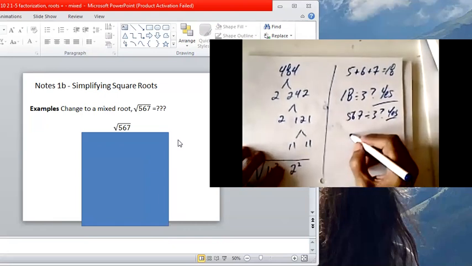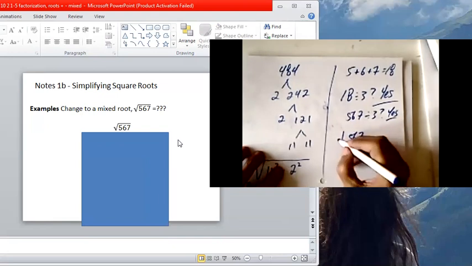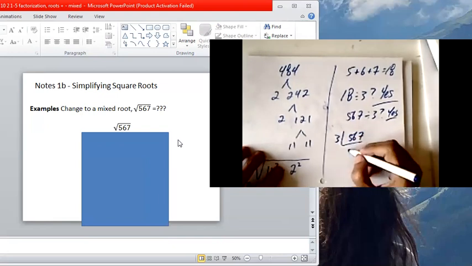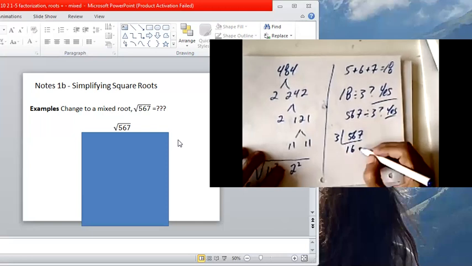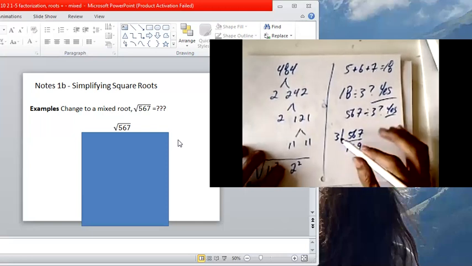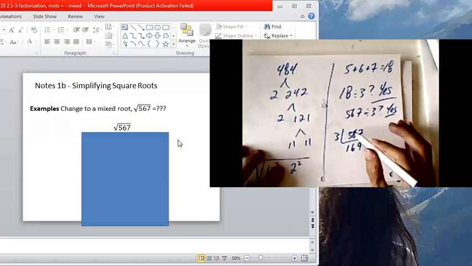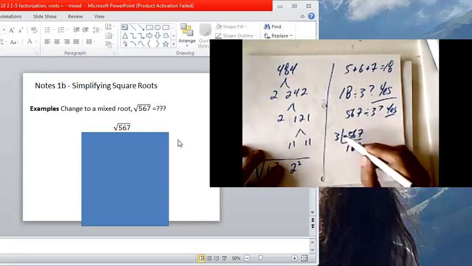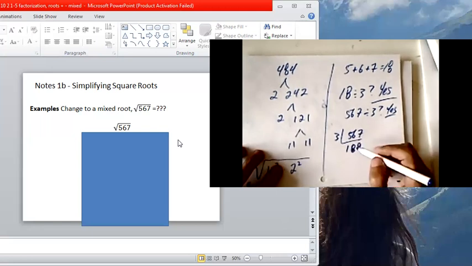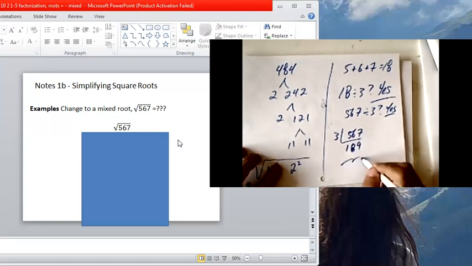So you can get started on the prime factorization if you're not sure what this number is. 3 goes into that. Let's check that. 3 goes in there. It's 1, 2 left over. Let's make it 189. Right, that gets you up to 24, 26, 2 left over, 27, 9. Yeah, 189 like that.